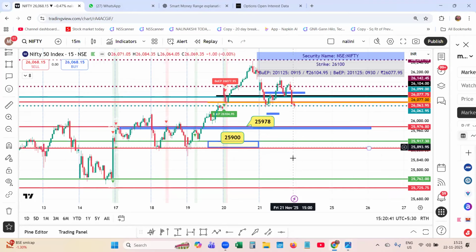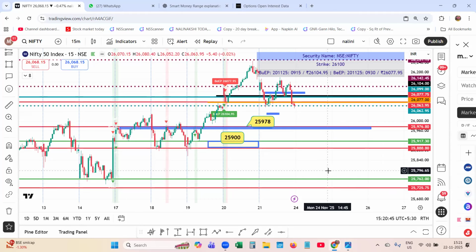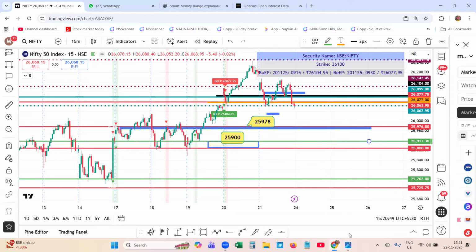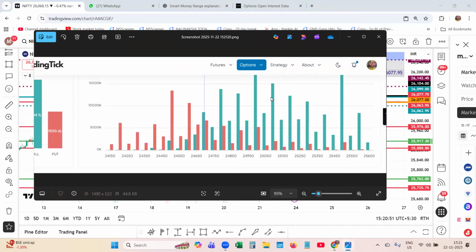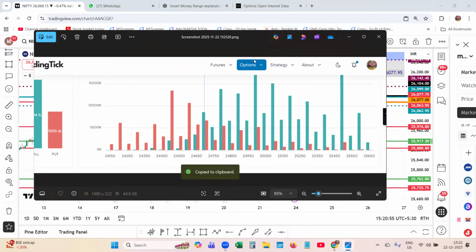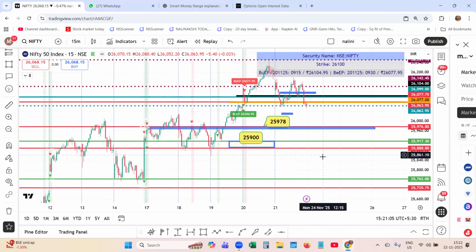Let me bring it here. Paste it. I'm unable to paste. Why? Copy to clipboard. I don't know. Let me try again. No, I'm not able to paste.